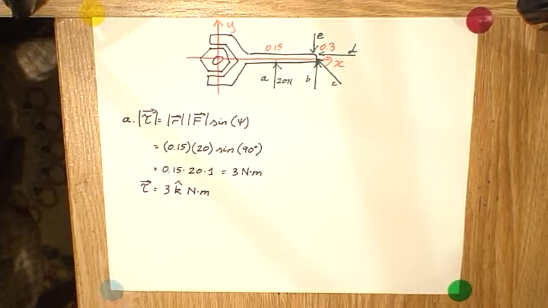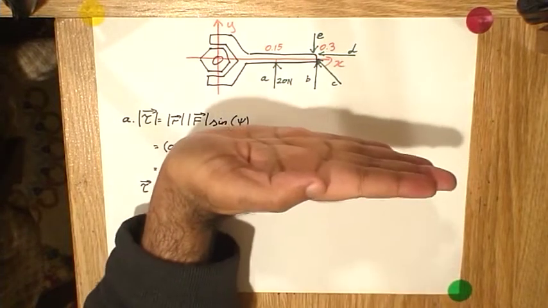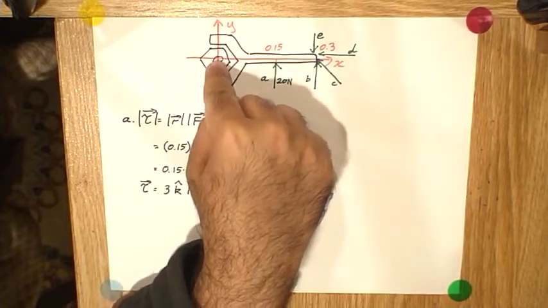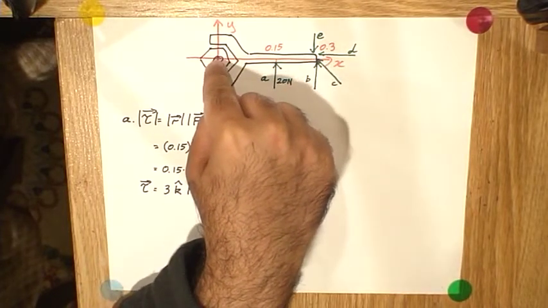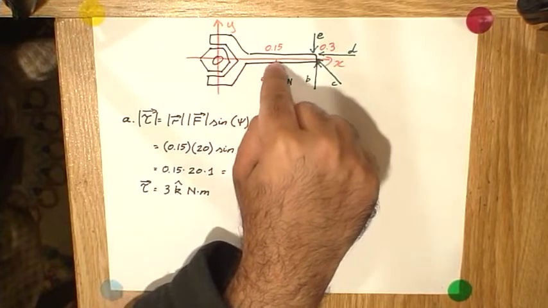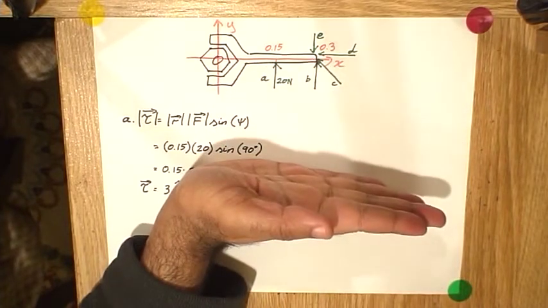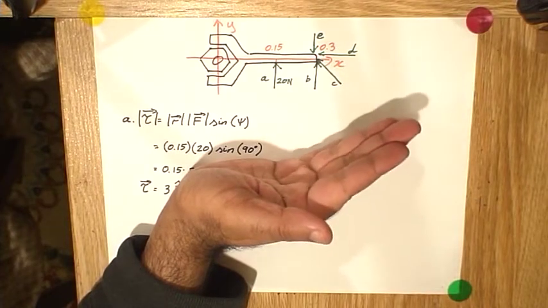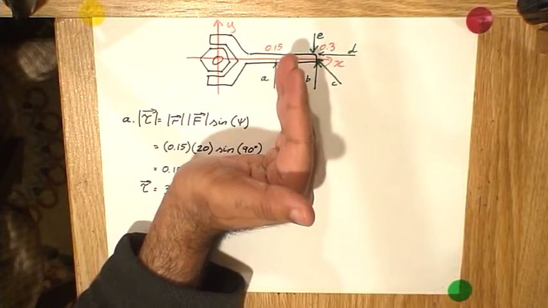And the way that we would analyze it is something like this. We would use the idea of the right-hand rule. The right-hand rule goes like this. Take your hand and align it with the lever arm. So that is starting from the nut and going to where the force is applied. That's the direction of the lever arm. Then curl your fingers in the direction of the force that's being applied. That's 90 degrees like this.